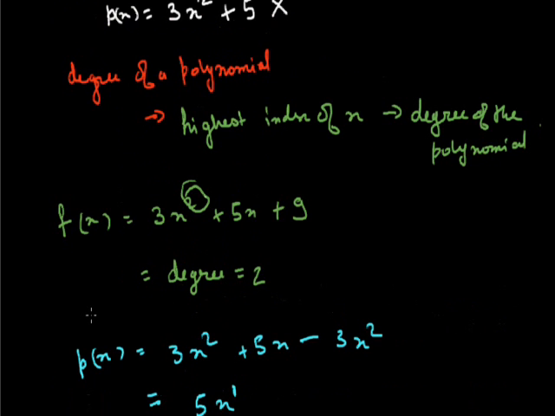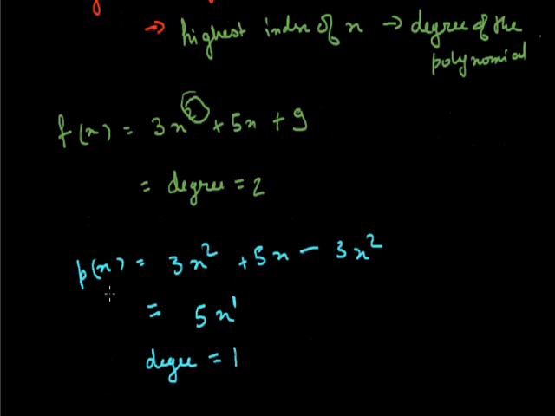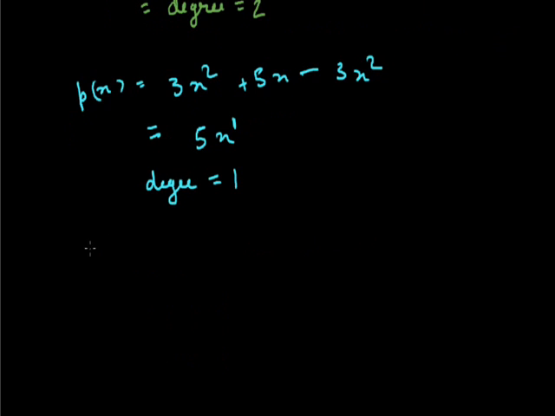Here we have to remember that before telling the degree of the polynomial, we should note that the coefficient of the highest degree of x should not be equal to 0. That is, if we are given a polynomial q(x) equals 3x square plus 5x plus 0x cube, we can see here the coefficient of x cube is 0 and the highest power of x is 3.